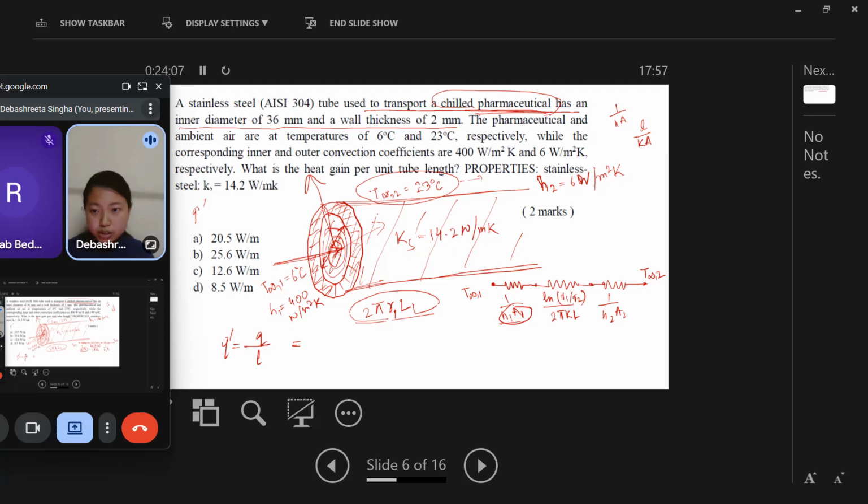Then maybe you have done some simplifications, some cancellations here and there. That's why it might be H1 R1 and H2 R2, like that. Are you getting it? But for resistance, you cannot change this. The resistance is always 1 by HA for convection, and for conduction it keeps on changing, whether it is a rectangular wall, a cylindrical wall or a spherical wall.